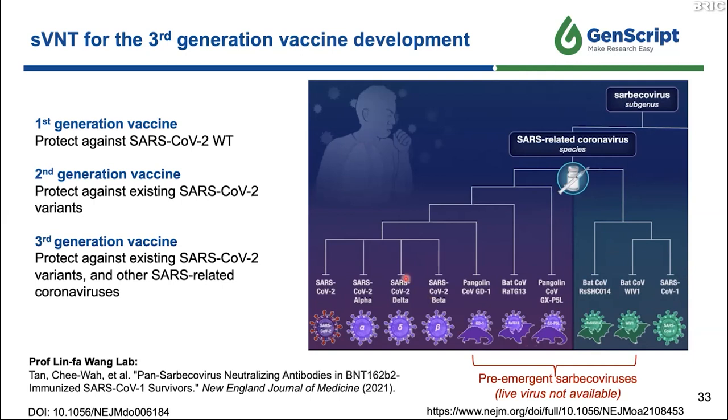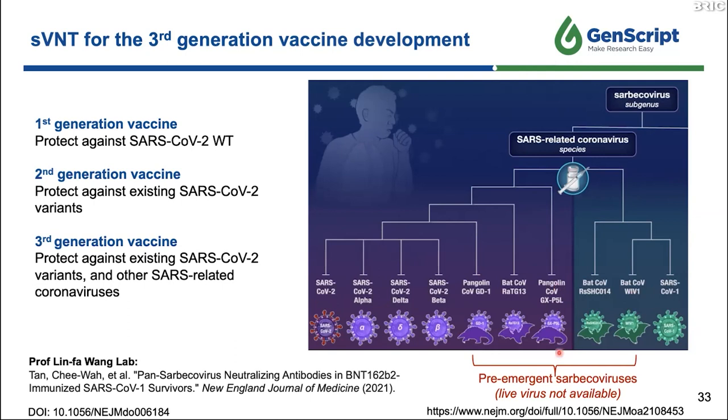So in this study, here is the SARS-CoV-2 wild type and also the alpha, delta, and beta. And this one is the SARS-CoV-1 virus. Besides all these existing ones that have already circulated among humans, this study also investigated the pre-emergent sarbecoviruses, which are now still in the animal and may potentially transmit into humans.